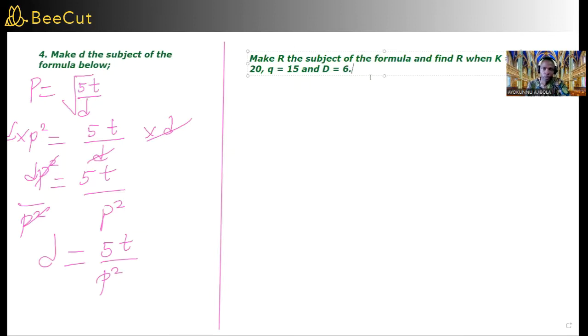So make R the subject of the formula and find R when K equal to 20, Q equals to 15. And so let me bring the expression. The expression is K equal to Q into root D over R. So this is the formula.